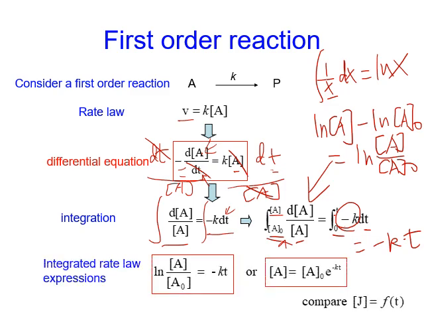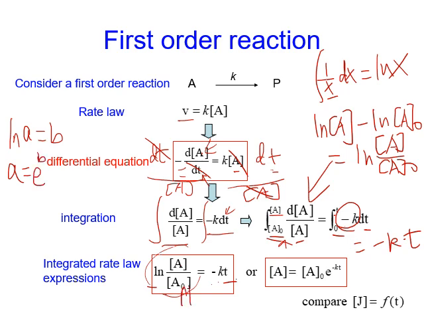And therefore, we have this integral rate law. For the first order reaction, the integral rate law is natural log of A over A0 equals negative kt. It's the natural log of concentration as a function of time. If you have a natural log, let's say ln a equals b, then you can write a equals e to the b's power.